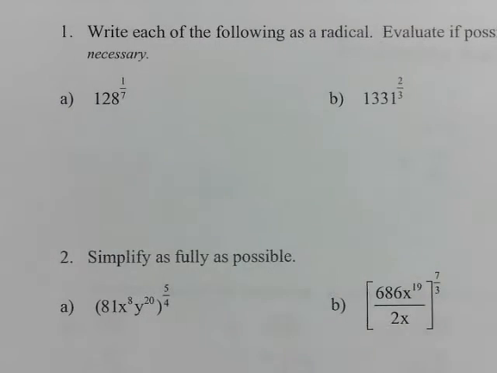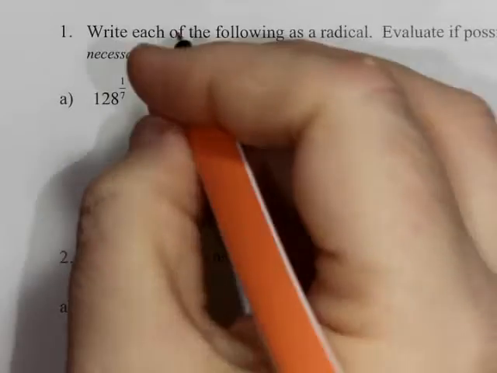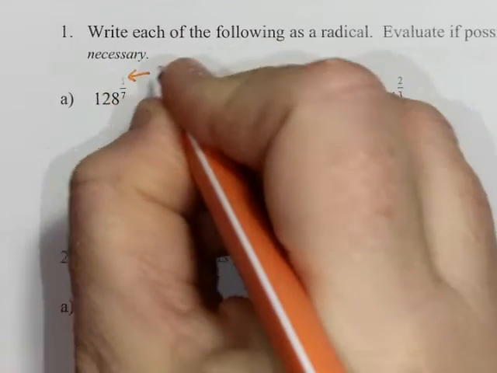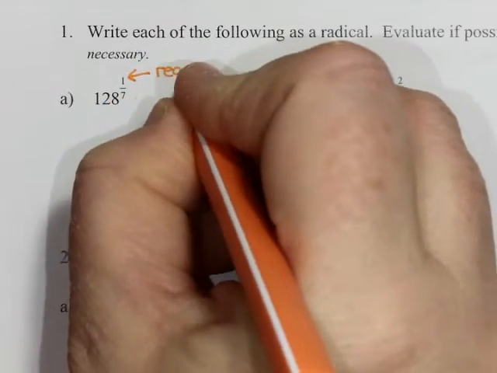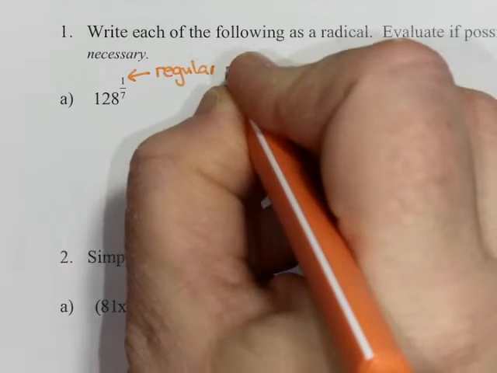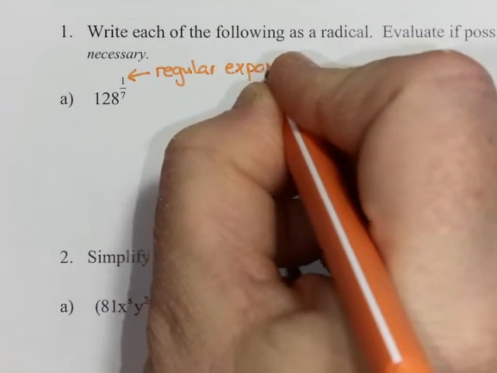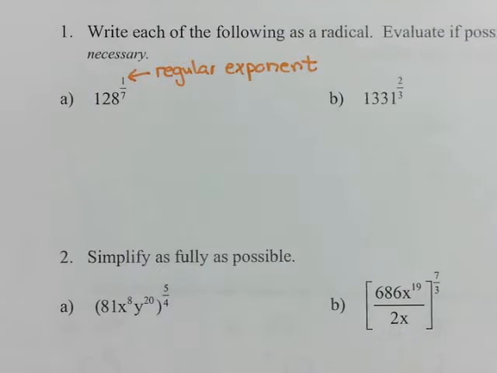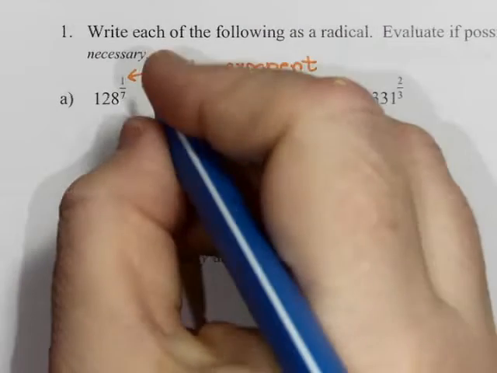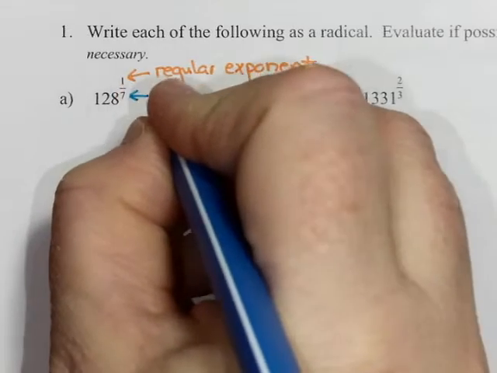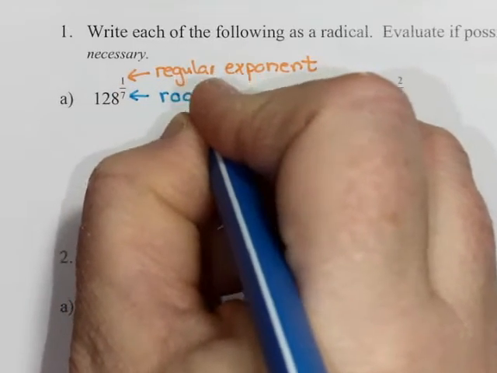In our investigation that we did in the previous part of the lesson, we said that the number in the exponent on the top is just a regular exponent. The number on the bottom of the exponent makes a root or a radical.